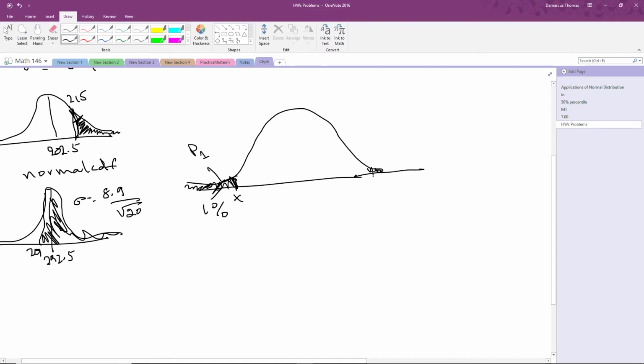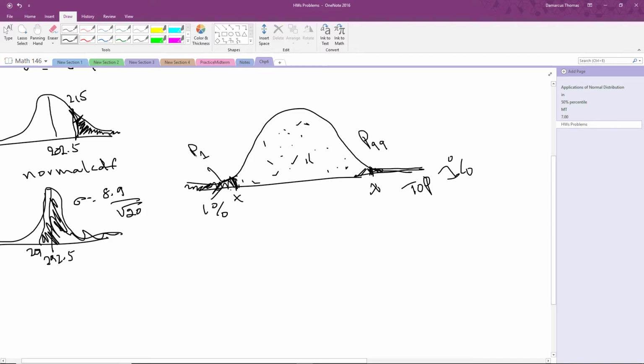And again, P99, this is the 99th percentile. That's also the top 1%. And that P99 is from here all the way down.